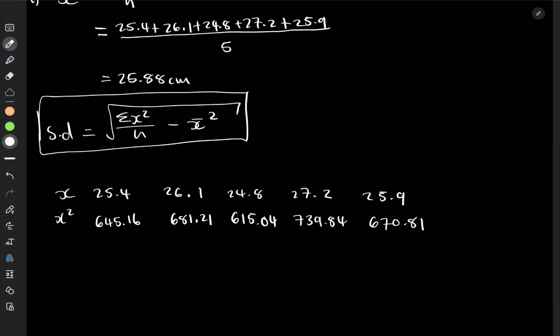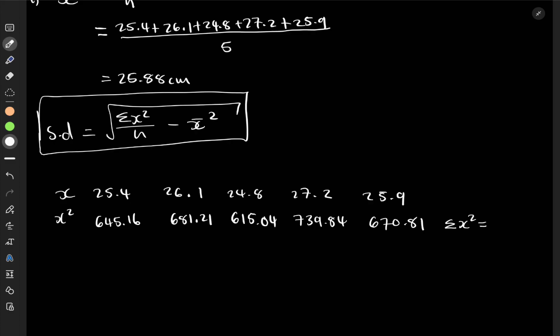Well, remember that we are trying to find the standard deviation. So we should then have the summation of x squared. What is this going to be? It's going to be 645.16 plus 681.21 plus 615.04 plus 739.84 plus 670.81.